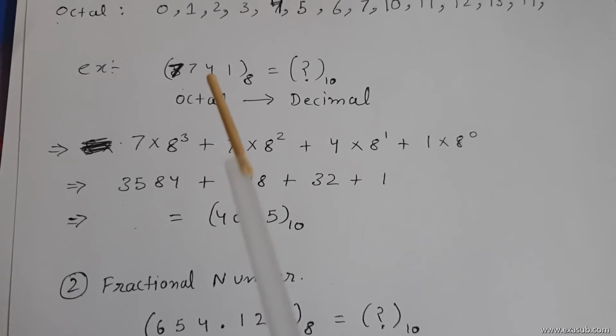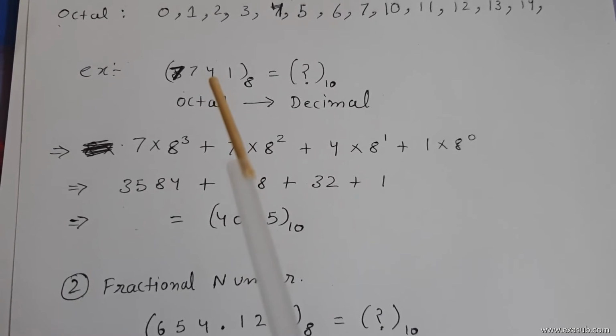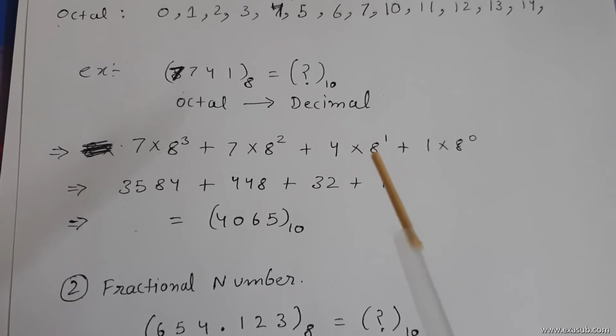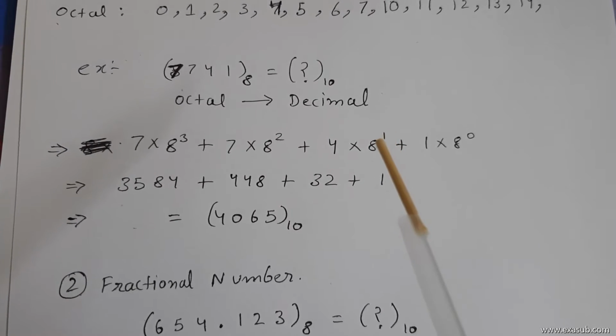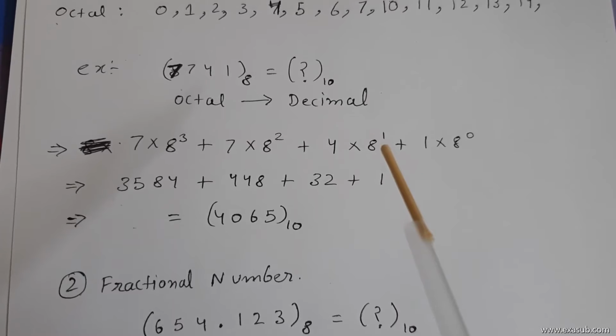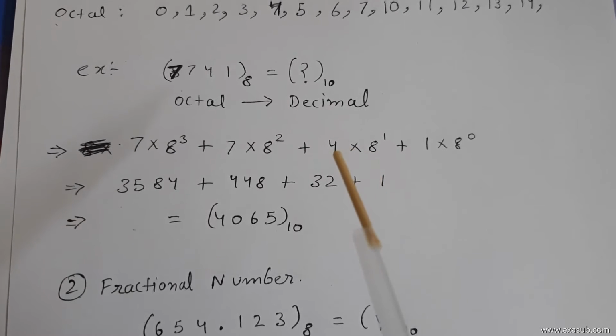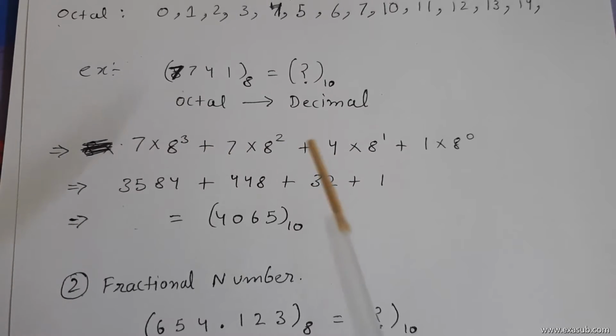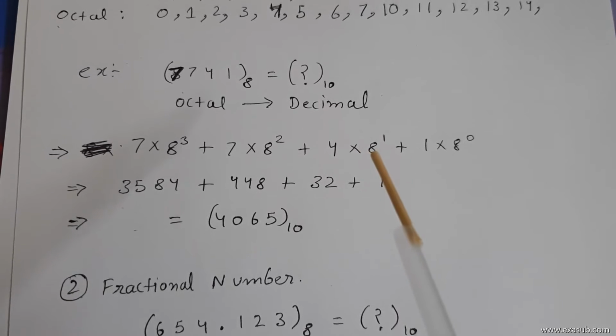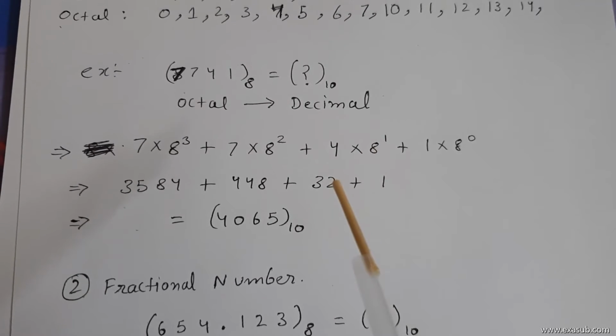Now we move on to 4. It is the second digit. So 8 to the power of 1 gives us its positional weight, multiplied by its face value, which is 4. So 4 times 8 is 32.